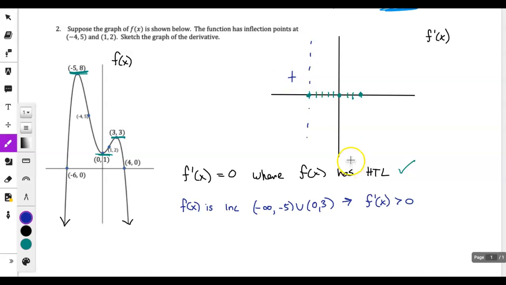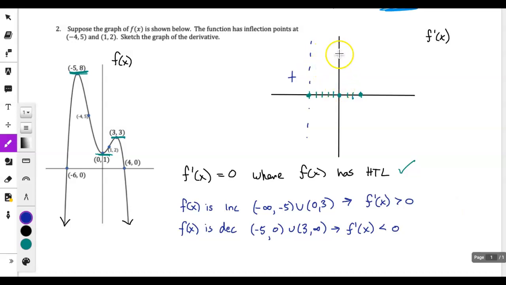And then my derivative graph has to go negative from -5 to 0 because the original is decreasing. So f of x is decreasing from -5 until 0, and then it's decreasing again from 3 to infinity. So that means that my derivative has to go negative on that interval.